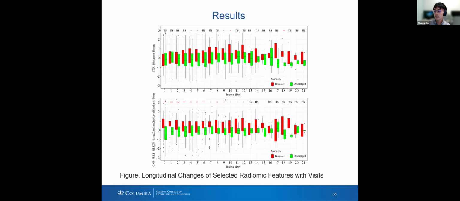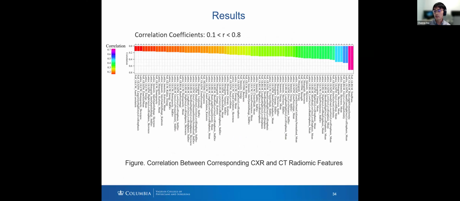We can still see the radiomic features show discriminative powers between patients of different outcomes across different visits. And the correlation between corresponding features between CT and chest X-ray at the same visit could reach 0.7 for some features. This demonstrates that different modalities may provide complementary and yet unique information about the disease.